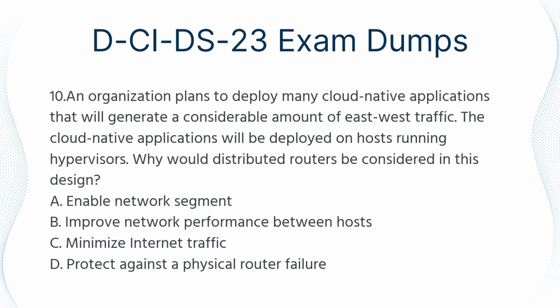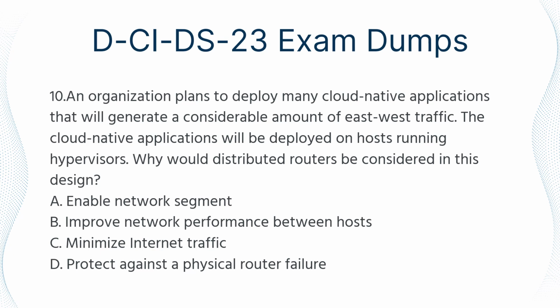Options A, C, and D are not directly related to the primary purpose of distributed routers in this scenario. Option A, enabling network segmentation, can be achieved through various network virtualization techniques such as VLANs, VXLANs, or overlay networks, and is not the primary purpose of distributed routers.